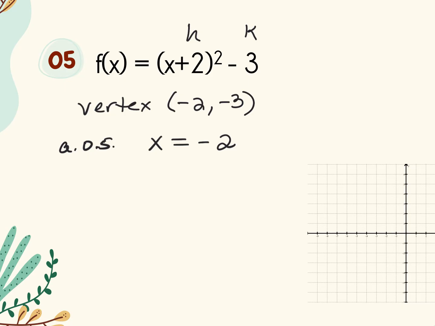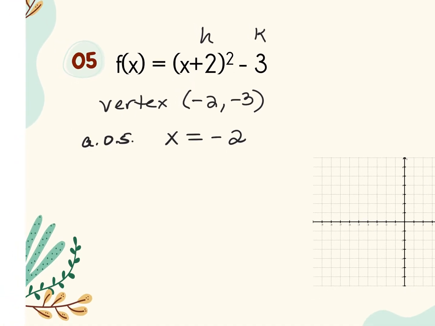Now, to find my y-intercepts and my x-intercepts, when it's given to you in this form, we have to plug in zeros. Now, that 3 that's there is not the y-intercept. The constant is the y-intercept when it's in the quadratic form, the ax squared plus bx plus c.